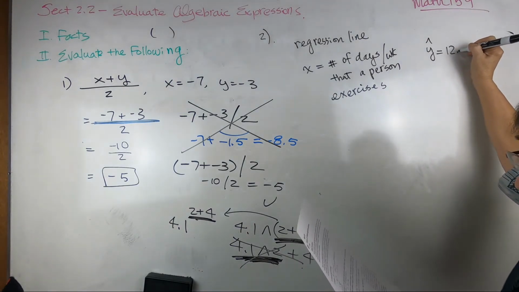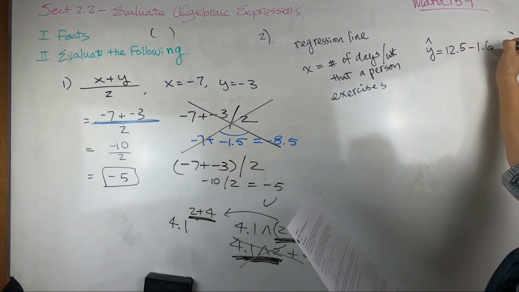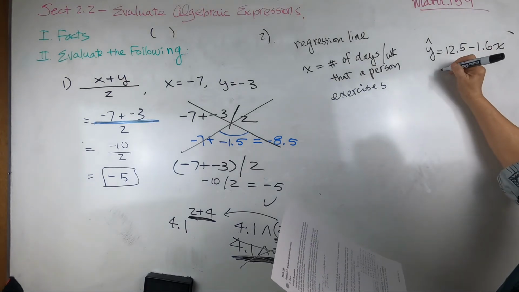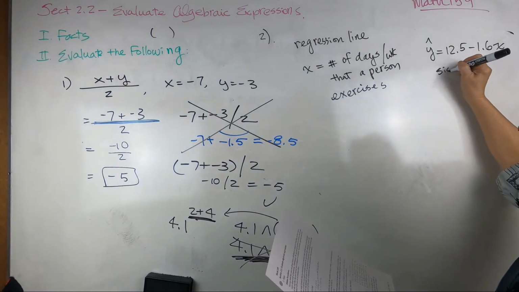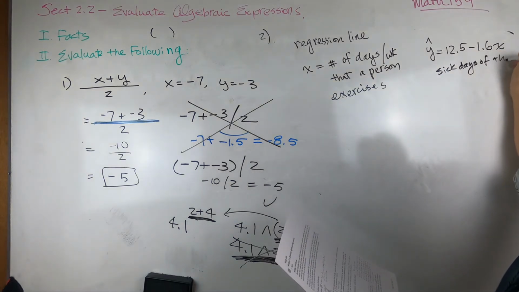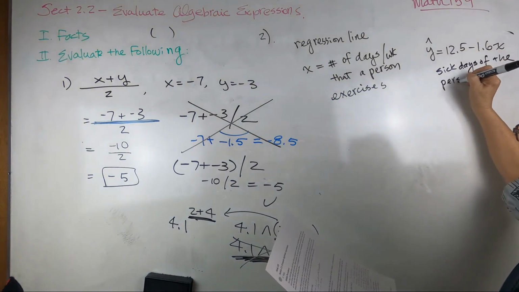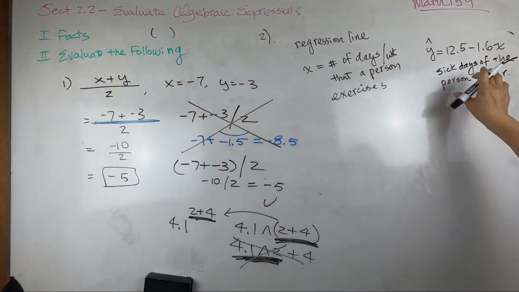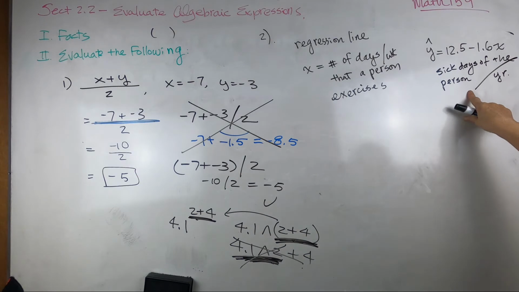It is 12.5 minus 1.6x. You have no idea what it is, right? But you know y hat is the number of days a year a person is sick. So this is the sick days of the person per year. How many days the person will be sick, right?